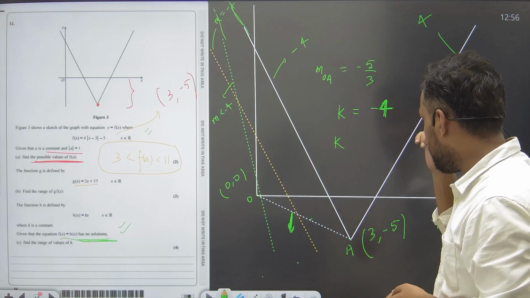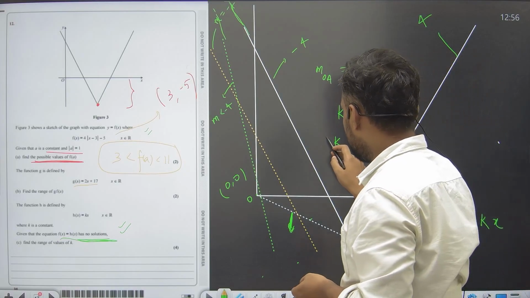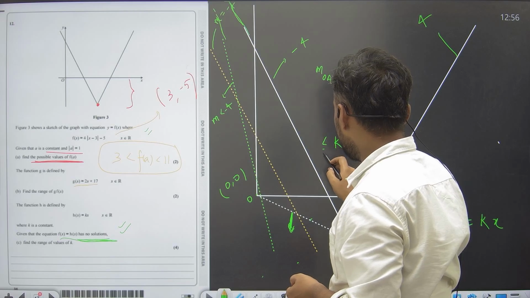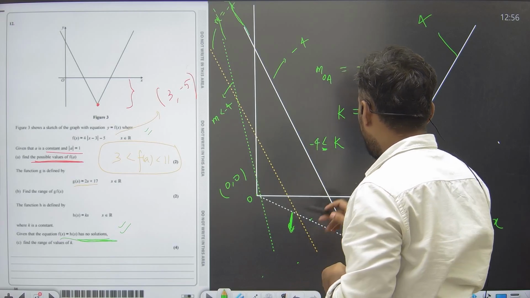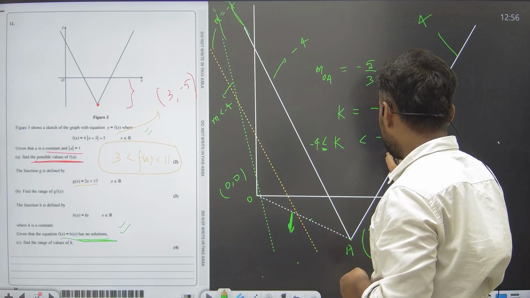So what we can figure out from here, student, is that k must be greater than or equal to negative 4, or it should be less than negative 5 by 3.